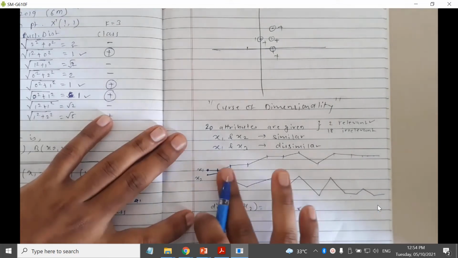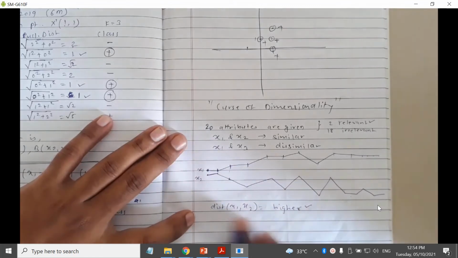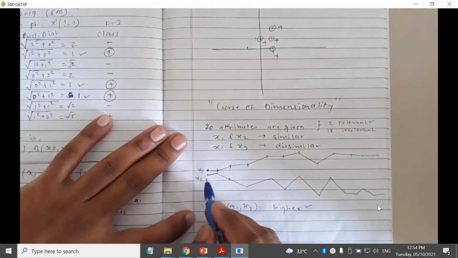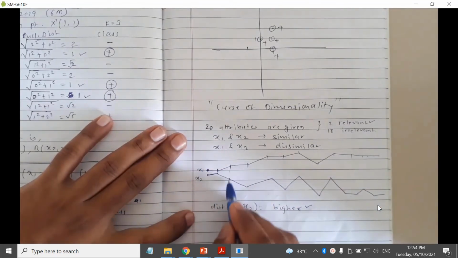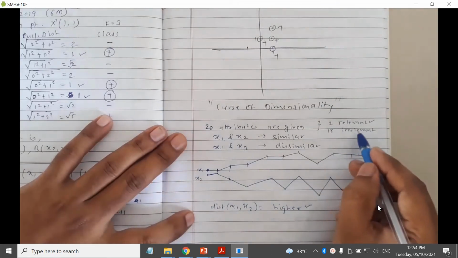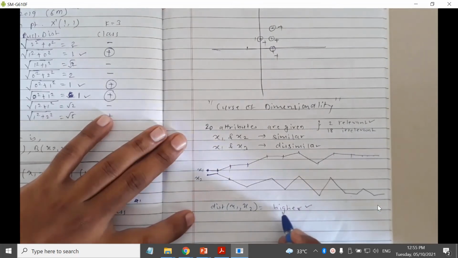These irrelevant attributes are making more impact on the final distance. In KNN we give equal importance to each feature. This is my feature 1, feature 2, feature 3, up to feature 20. Because of these 18 irrelevant attributes, I am getting a higher value.